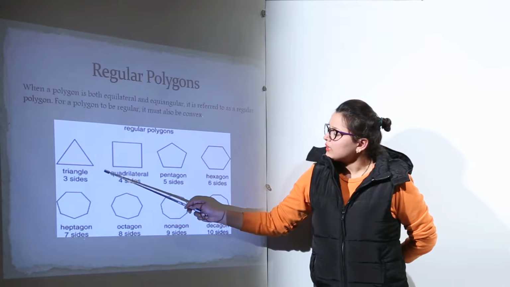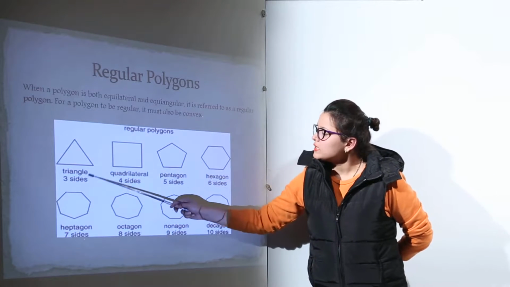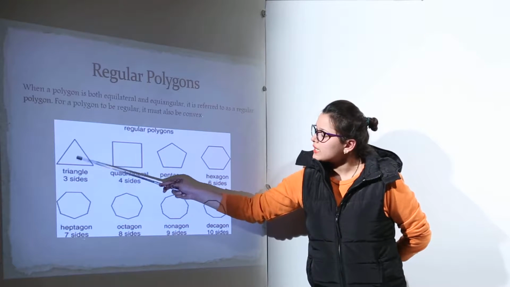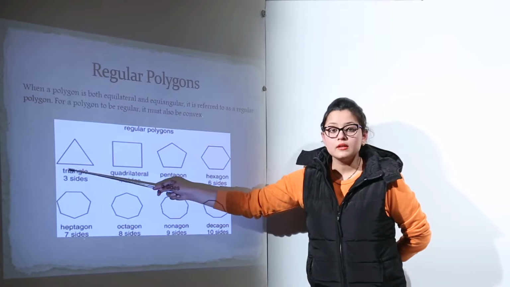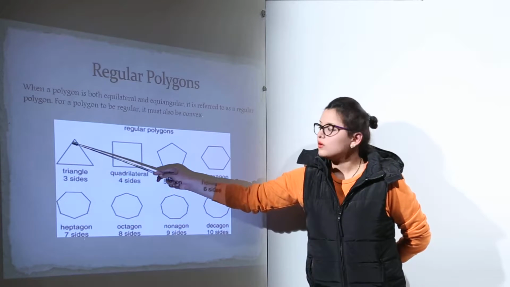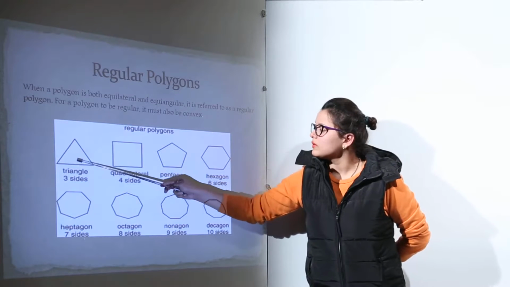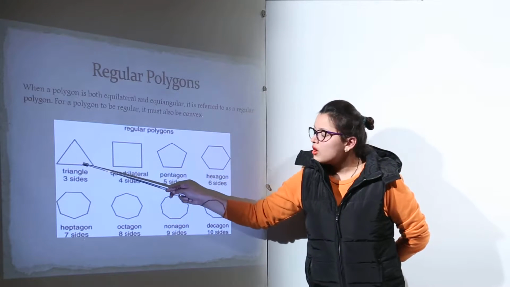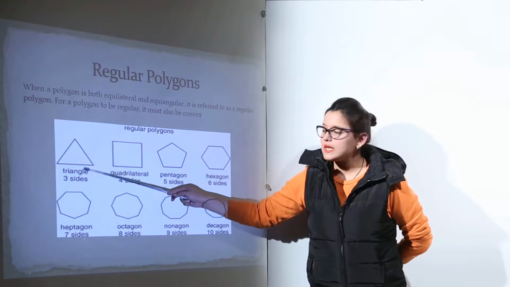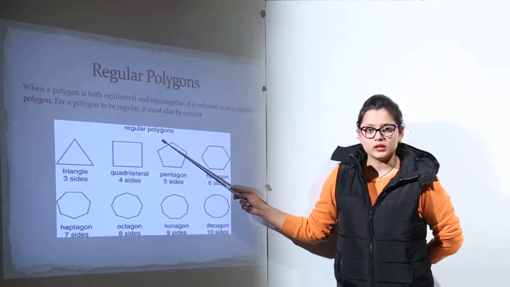The first one is showing a three-sided polygon. A three-sided polygon is known as a triangle. In this triangle, all the three sides are equal and all the angles are also equal. If in a polygon all the sides as well as all the angles are equal, that means that is a regular polygon.